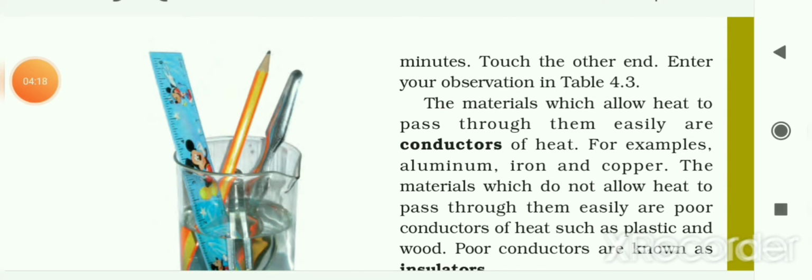So now, to check the conduction of heat by different kinds of material, let me show another activity which is similar to this activity, to check the conduction in objects made up of different kinds of materials. Let me check the conduction of heat for metal, wood and plastic.